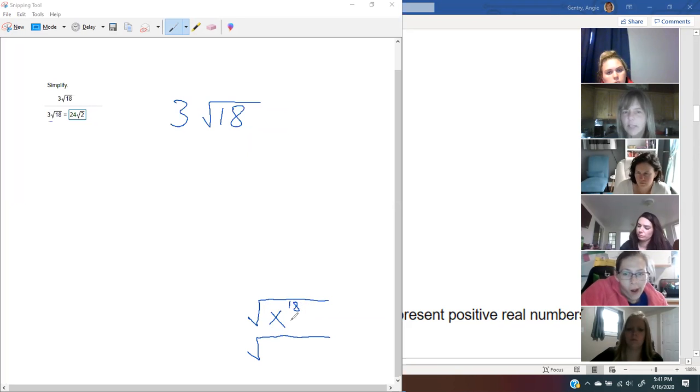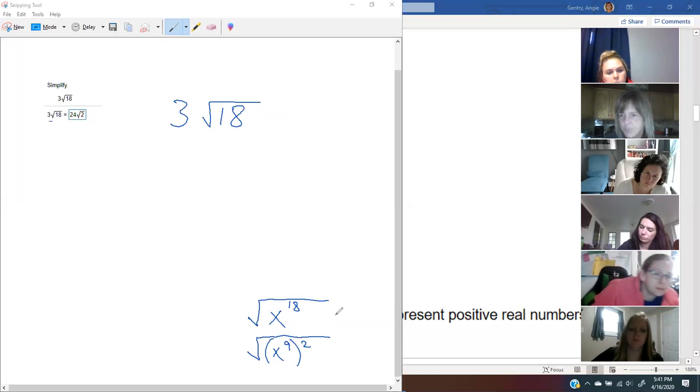So actually, in this case, I need something squared, and what has to be in here, the 9. You see it? So that's when it's a variable, you look at evenly divisible by the index.